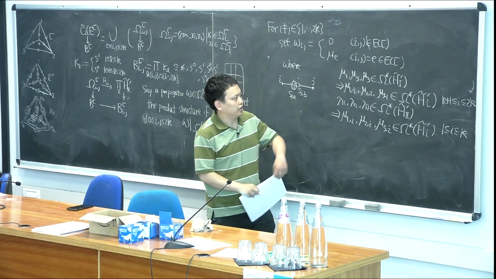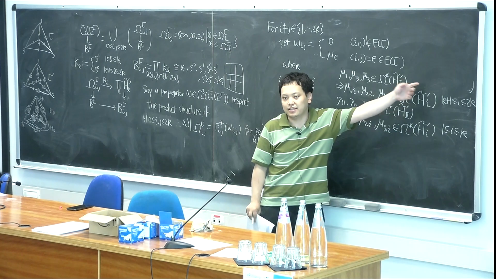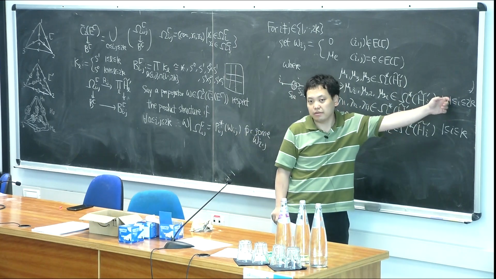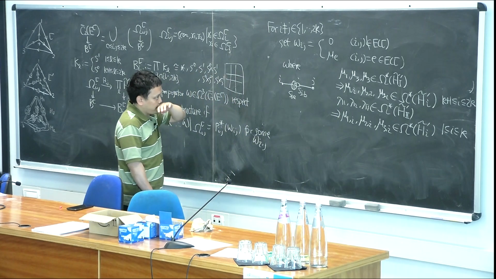Because when i is less than or equal to k, we have a type 2 handle body. When i is greater than k plus 1, we have a type 1 handle body. So we are using different differential forms.